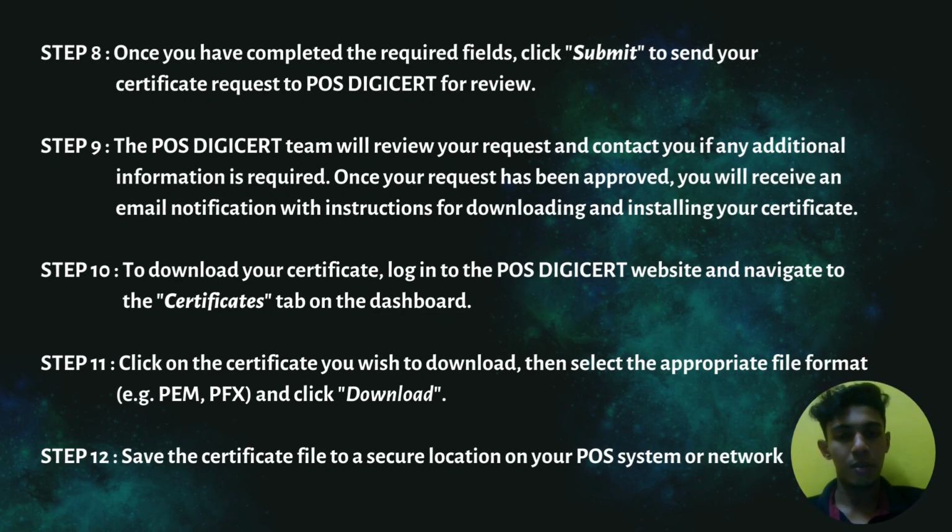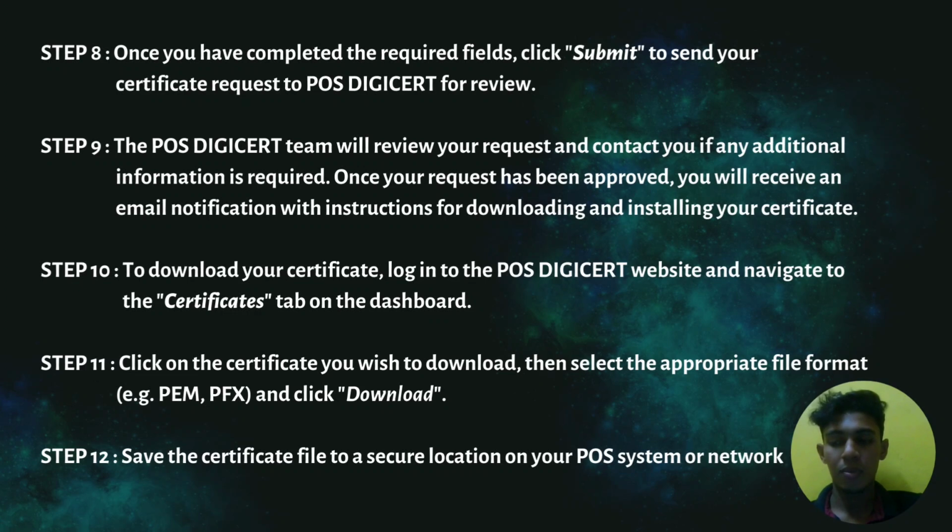Once your request has been approved, you will receive an email notification with instructions for downloading and installing your certificate. So once they have done their part, the next will be you have to download your certificate by logging into the post-DigiCert website and navigating to the certificate tab on the dashboard to see whether your certificate is approved by the team, and it also helps you to download the certificate as well.